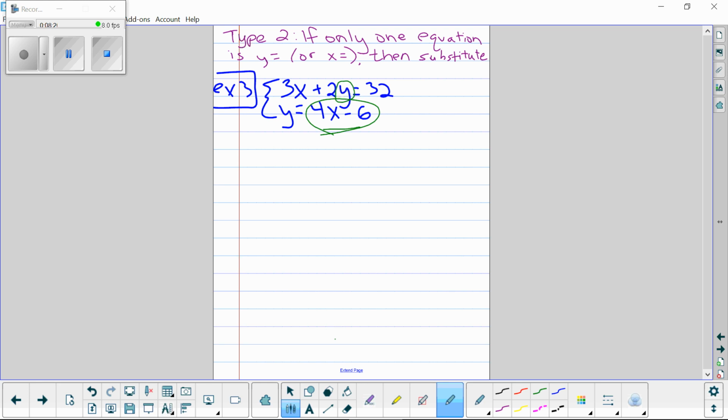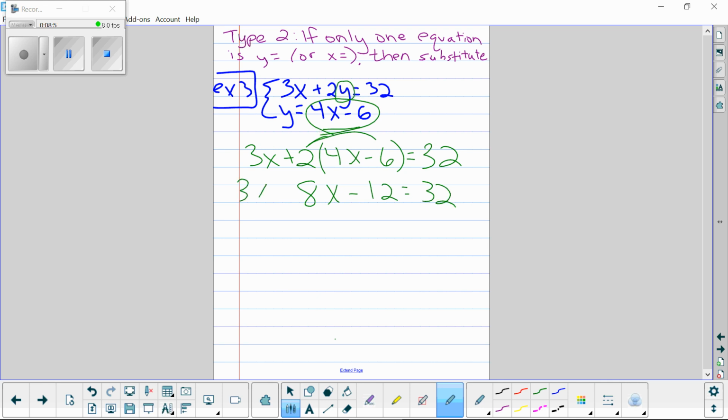So that first equation is 3x plus 2, and now in parentheses, I'm going to put 4x minus 6, and then back to the original equation equals 32. So that now this is very similar to example 2, where the next step is to distribute. This becomes 8x minus 12 equals 32.